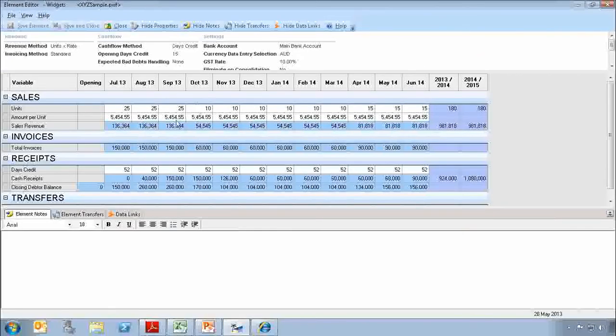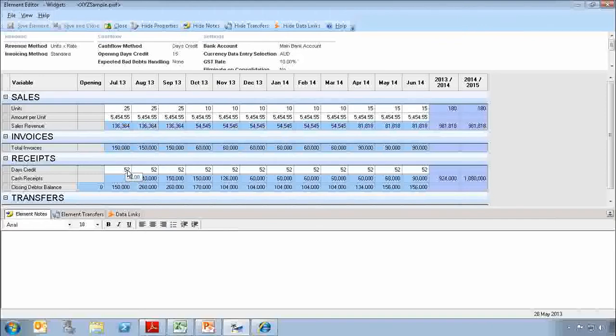and you'll see in this particular case they've predicted, allowing for seasonality, that for the widgets there'll be 25 units sold in July and August at an average price net of GST of 5,400. That'll generate 136. The tax invoice there with GST on it will actually be 150.